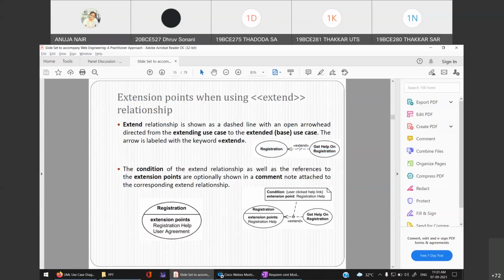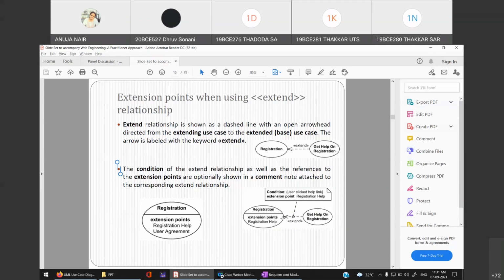But whenever we are making an extend relationship, only with extend, not with include, you can put an extension point. Now, what is this extension point? Please read this. I have written registration and then extension point: registration help.